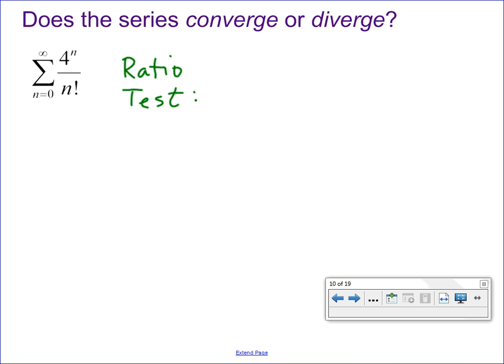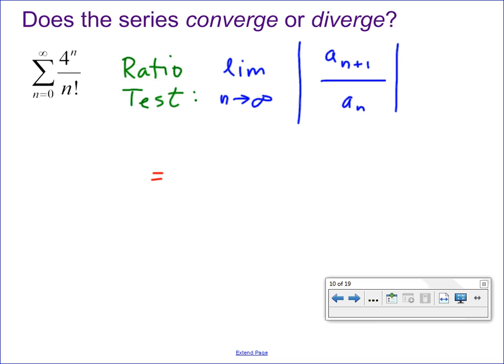So for the ratio test, we'll consider the limit as n goes to infinity of the absolute value of the n plus 1th term, call it a sub n plus 1, over the nth term, call it a sub n. So let's go ahead and use our series definition to write the ratio of the absolute value of the n plus 1th term.